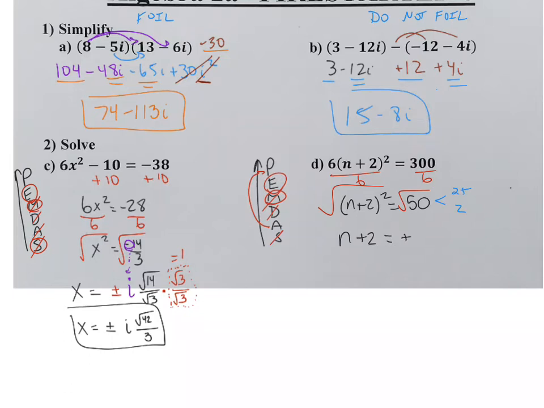This 25 turns into 5. This 2 stays in jail forever. And the last thing I do is I finally get rid of the 2. Because the plus or minus already showed up, the minus 2 goes in front of the plus or minus. So the best answer is minus 2 plus or minus 5 radical 2. And we are done. And that's it.